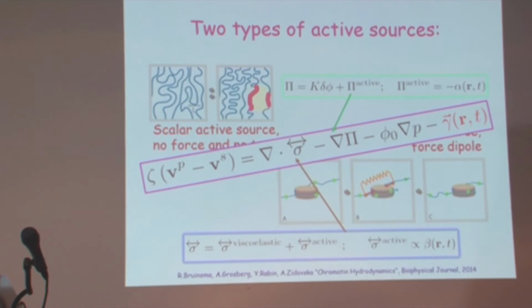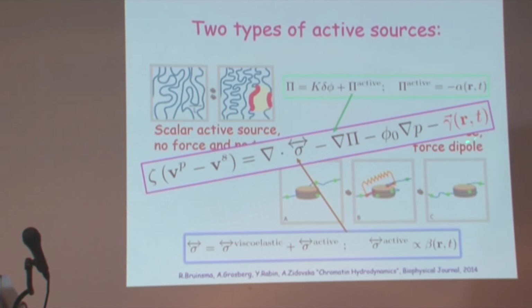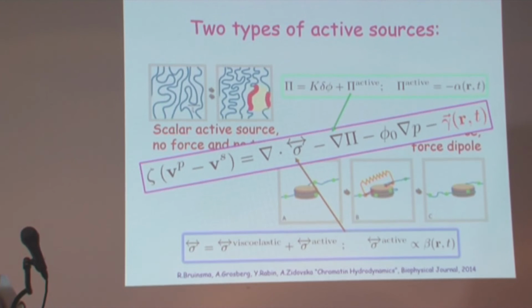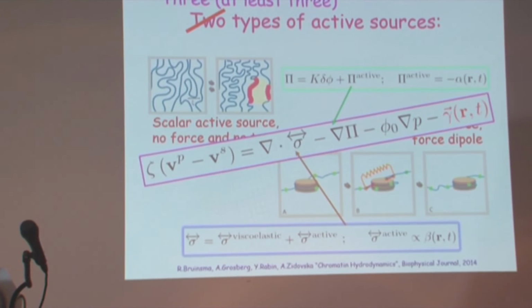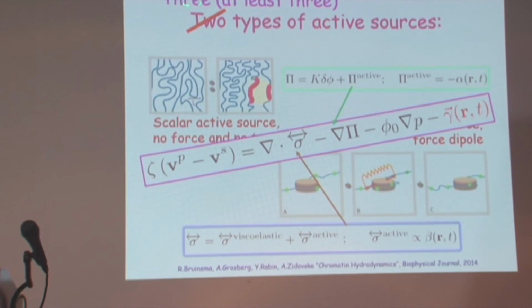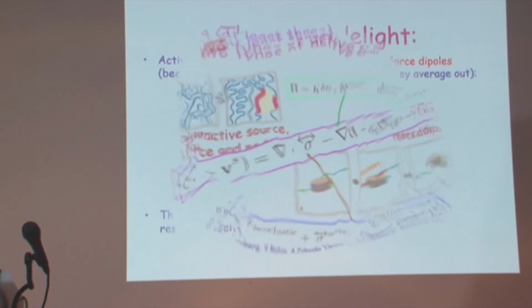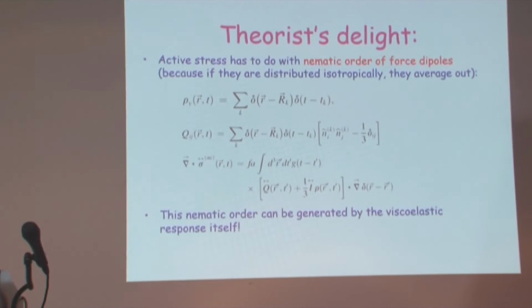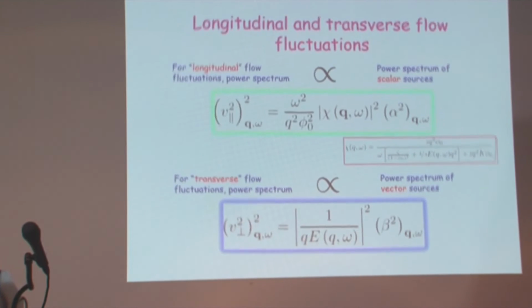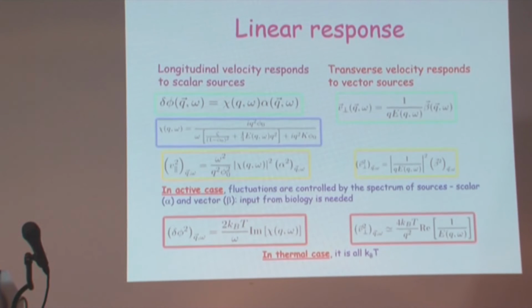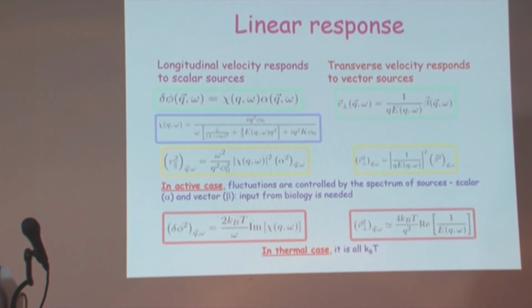And what I'm now telling you is that there is an extra term here, which is another source of force dipoles, which can undergo nematic ordering. And I think there are not two, but more types of these active forces. And there is this nematic ordering, and so on. And I will finish on this point.